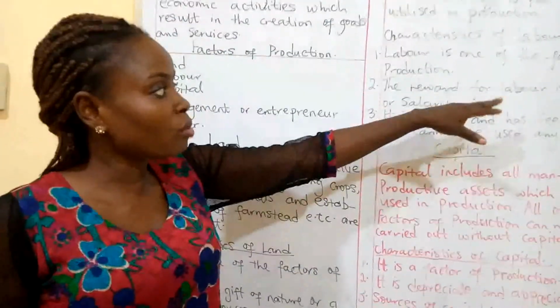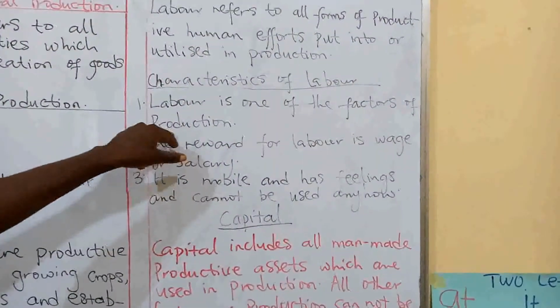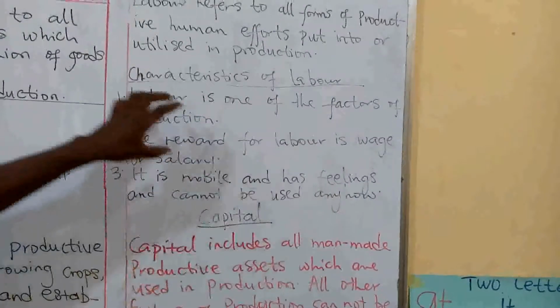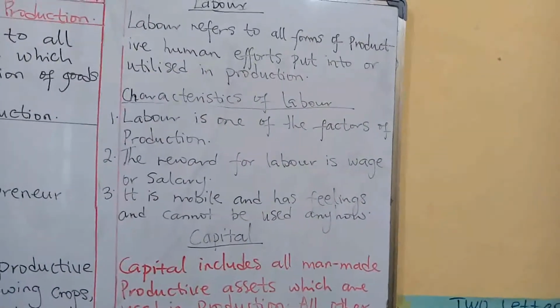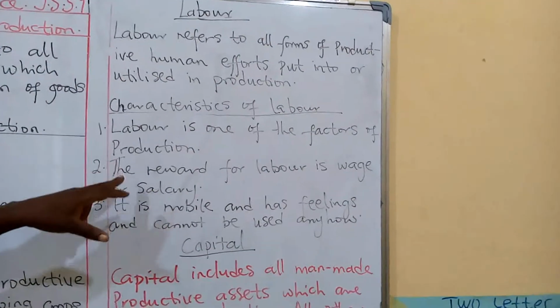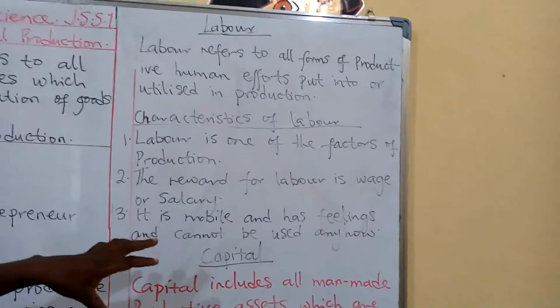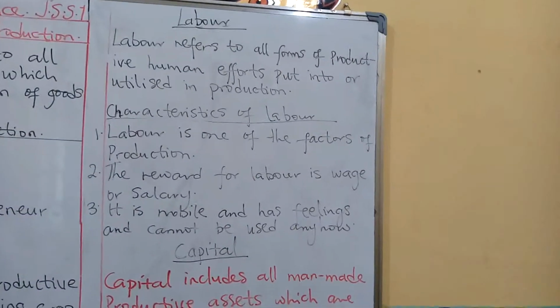Labor is one of the factors of production. That's always key. Now, in terms of your exams, your NECO, your WAEC, when they ask you characteristics of labor, you don't forget to point out, as the first point, that it is a factor of production, so the examiner knows that you know that.